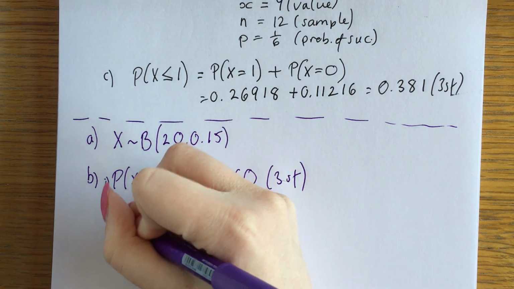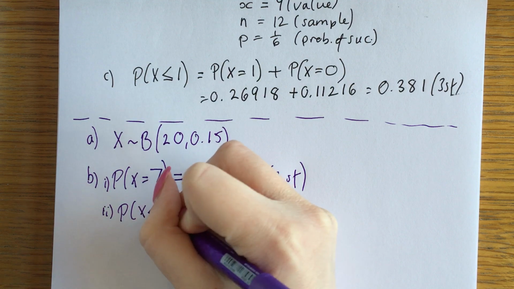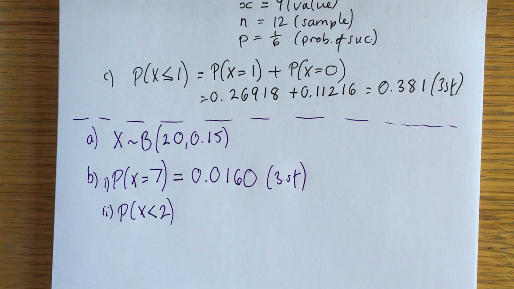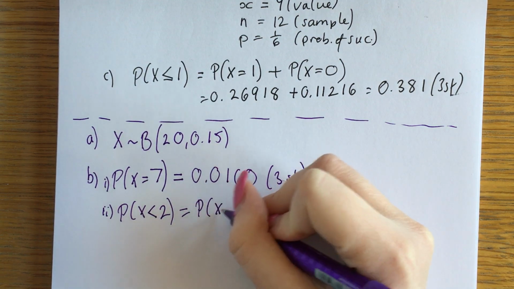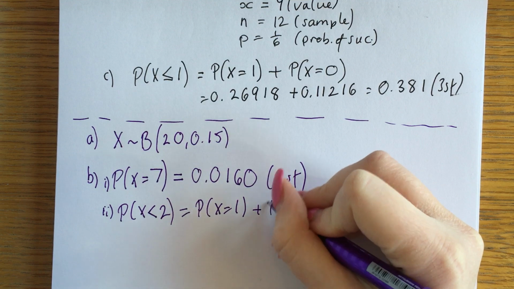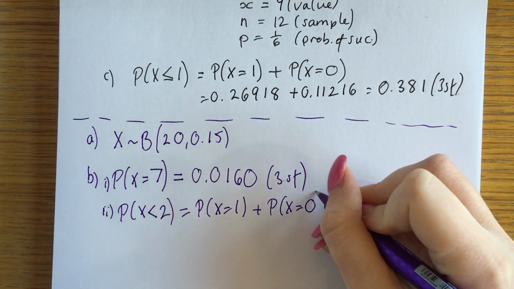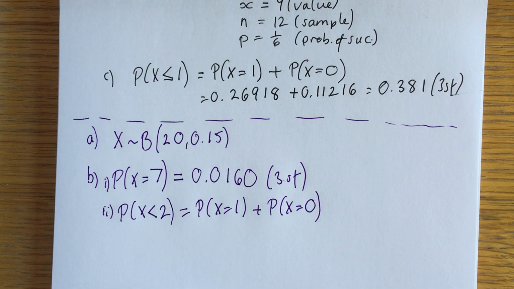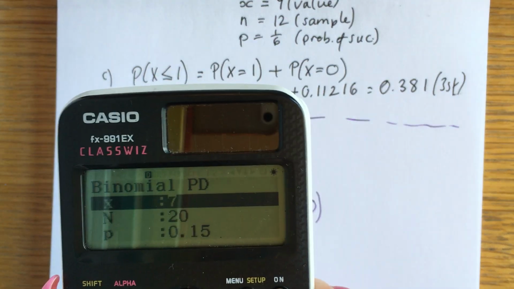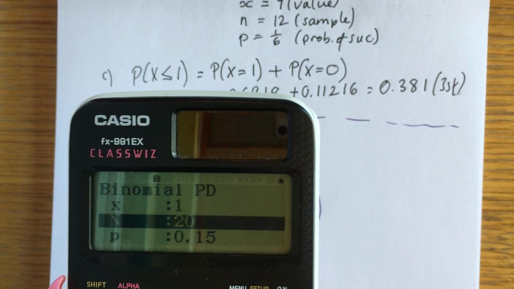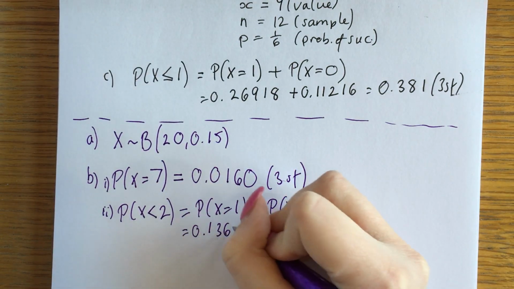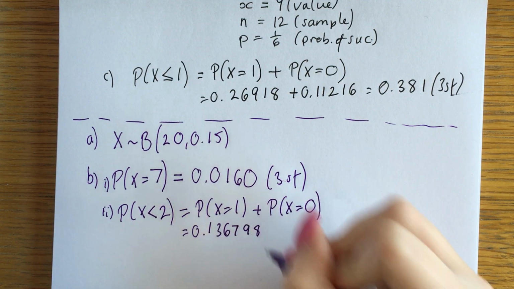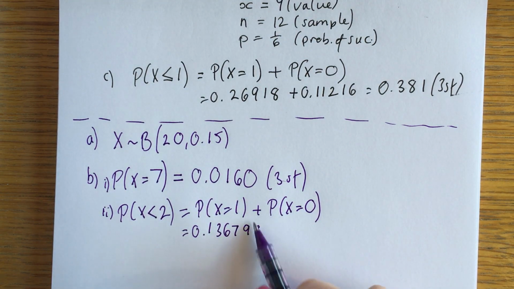Part C, the probability that fewer than 2 of the members in the sample are left-handed. If it's fewer than 2, that means either one person is left-handed or no people are left-handed. So I'm going to go back, find the probability of one person being left-handed, which is 0.136798. I didn't want to use my rounded value, which is why I've done 6 significant figures.